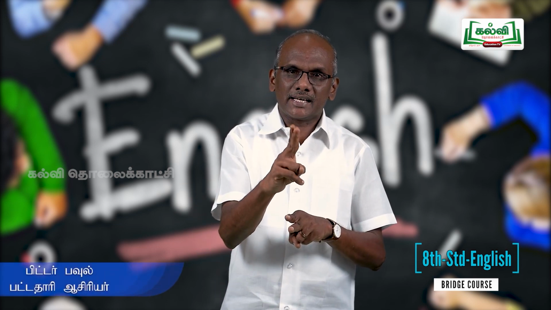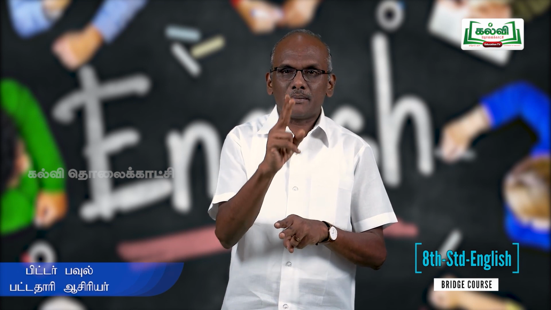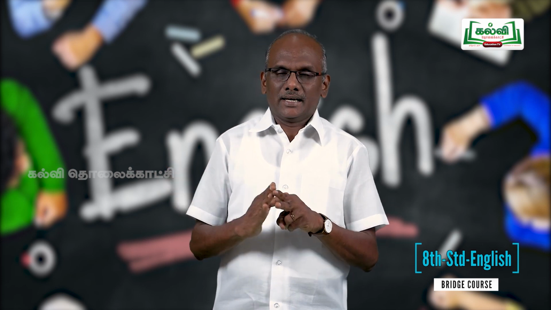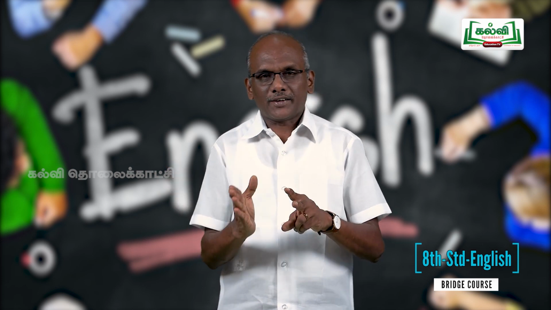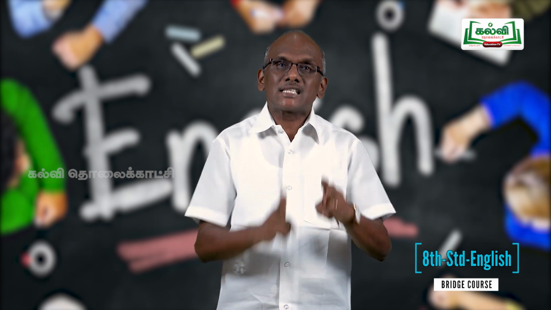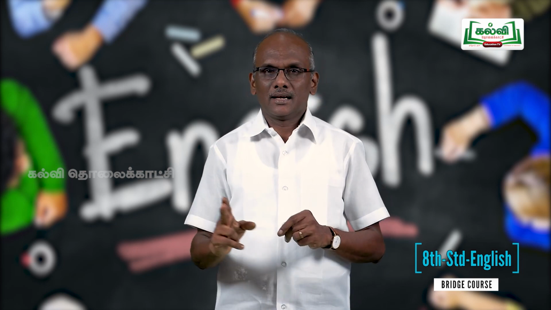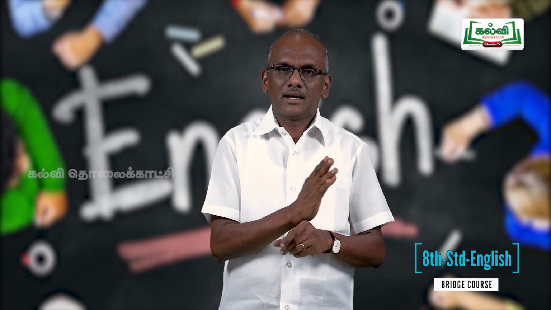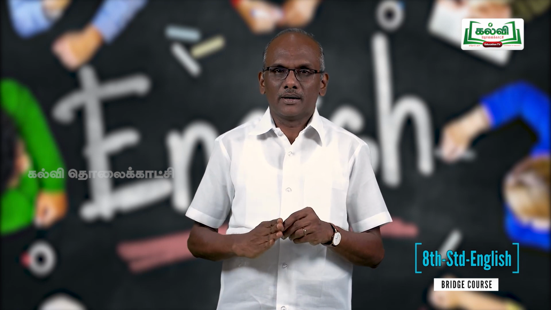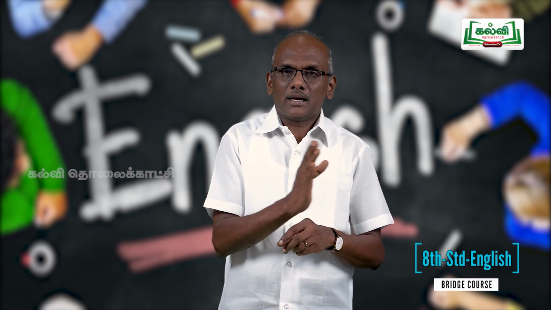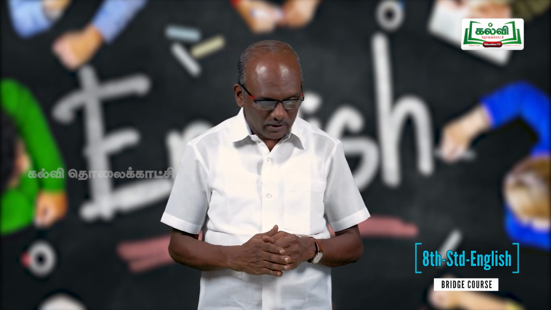So we divide it here. For example, sudden, S-U-D and D-E-N. Before and after that we have the vowel sounds. So we divide it here. Sudden, S-U-D, one syllable, D-E-N, another syllable. Like that, yellow, Y-E-L, one syllable, L-O-W, another syllable.